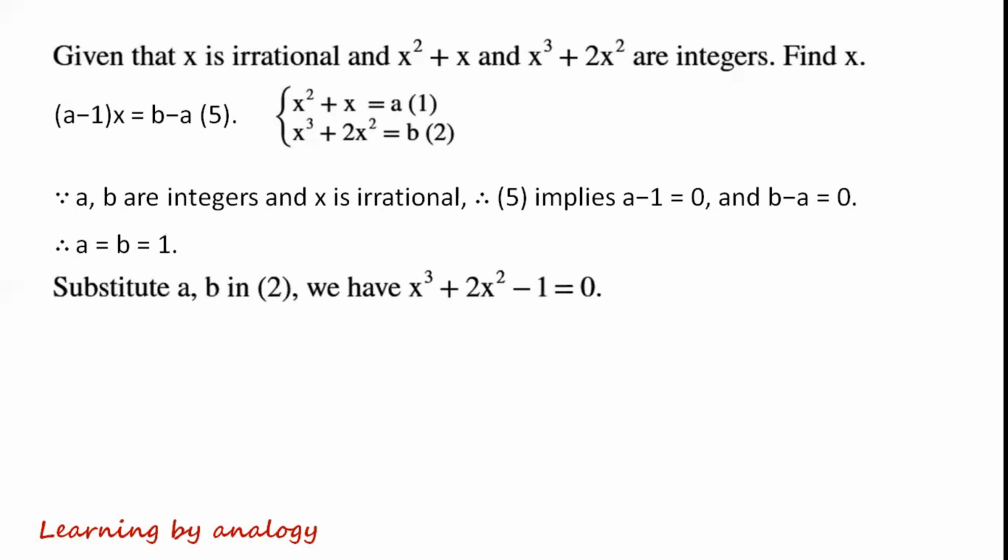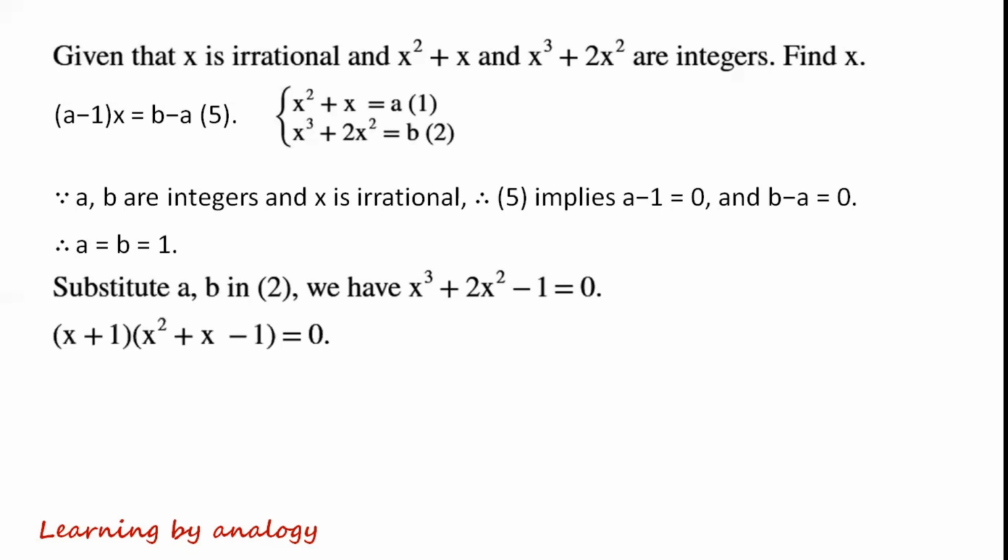Substitute a, b in equation 2. We have x cubed plus 2x squared minus 1 equals 0.